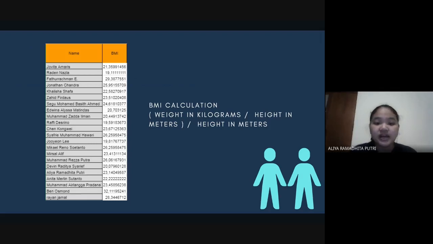And Fatur has a BMI score of 29.30, so it might indicate that he is overweight. But from the BMIs that have been calculated, there is no obesity indication in our class. Next, please.